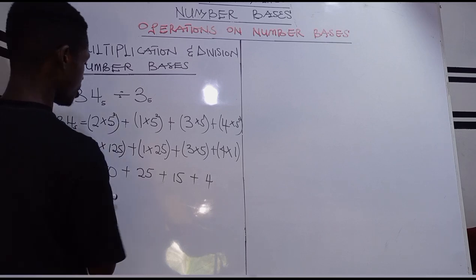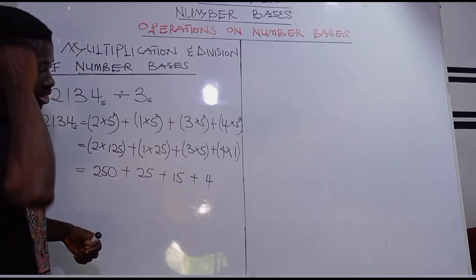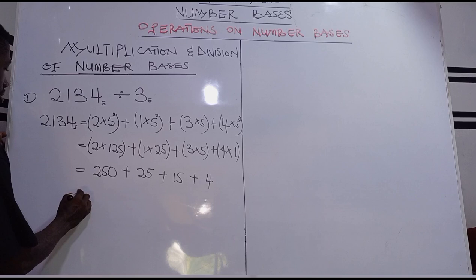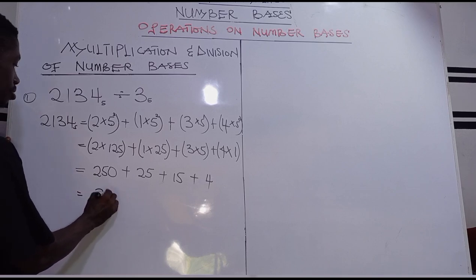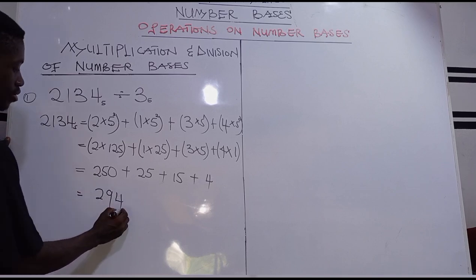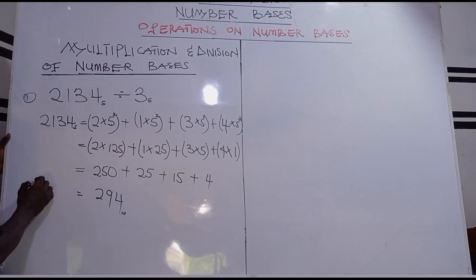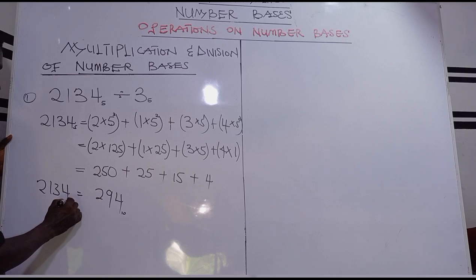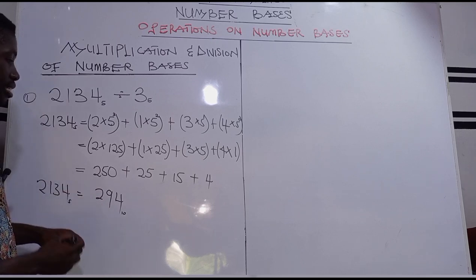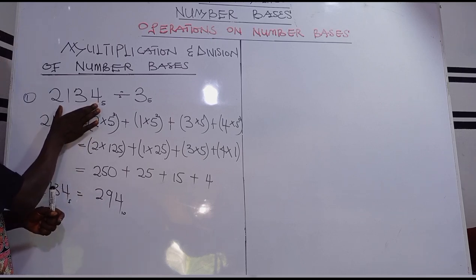Then after that, we just sum all these together. Now when you sum all these, what are you getting? We are getting 294 base what? 10. So you can see that 2134 base 5 is equal to 294 base 10. So we are done converting this to base 10.